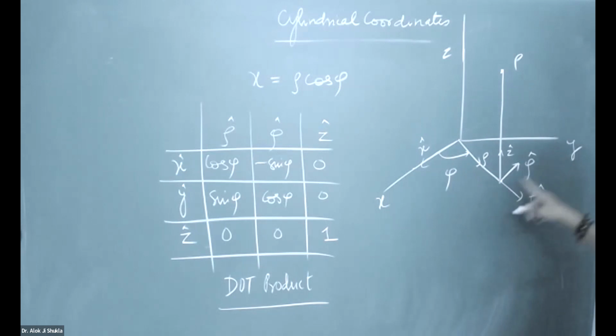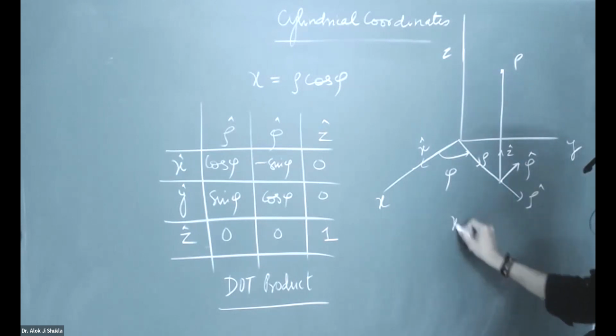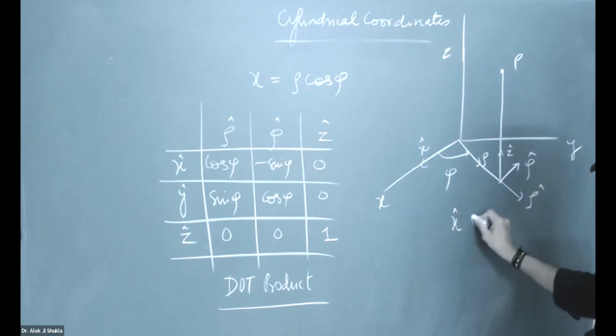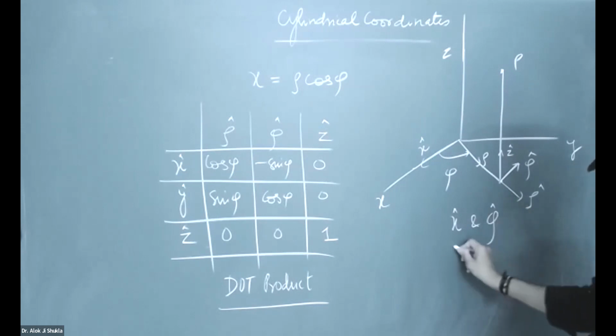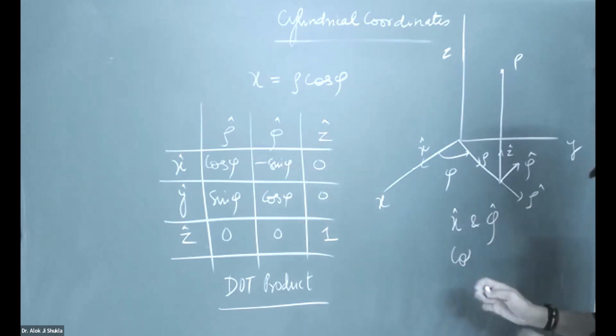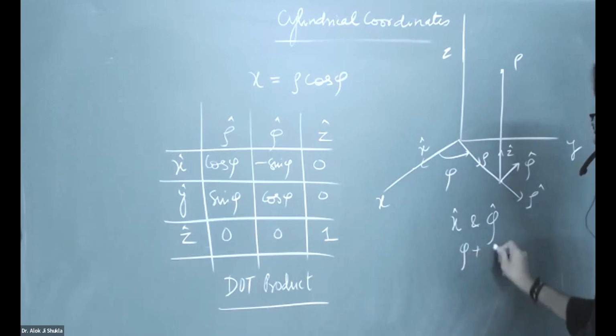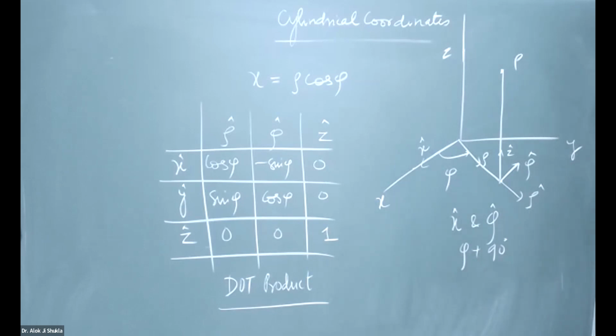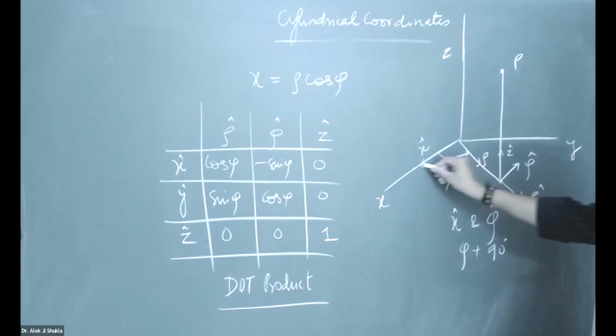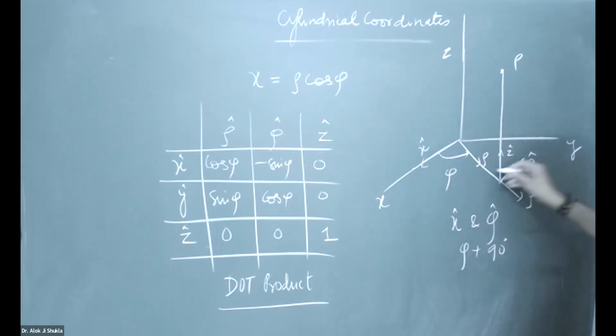So what is the angle between x cap and phi cap? Tell me. What is the angle between x cap and phi cap? Just tell me the angle first. Phi plus 90. Can everybody see? To find the angle from x cap to phi cap, this much angle is phi and 90 more.